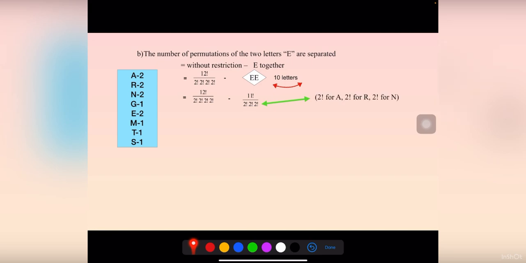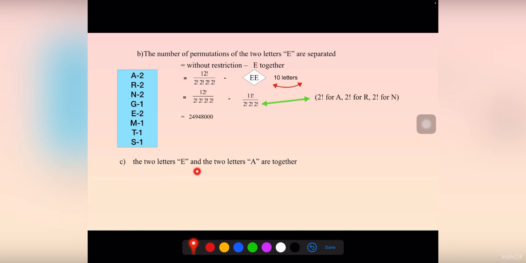It comes from A, 2 factorial, R, 2 factorial, and N, 2 factorial. For E it is already taken here. And then the total is 24,948,000 ways.